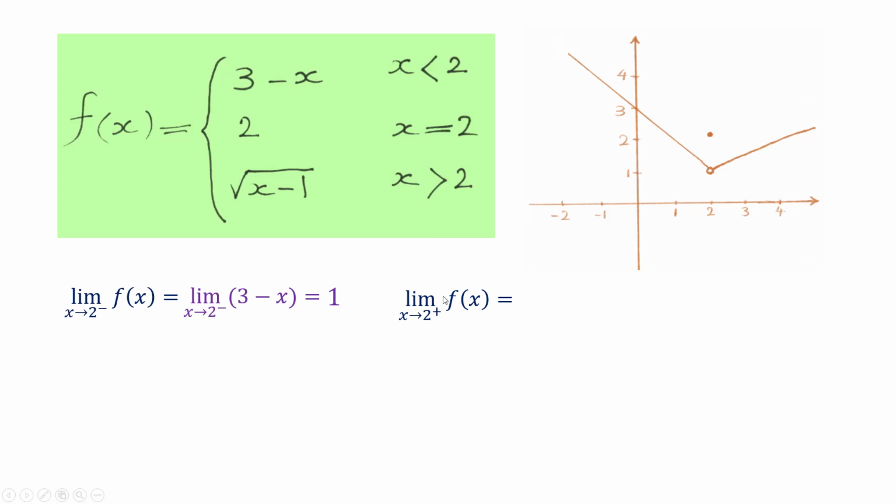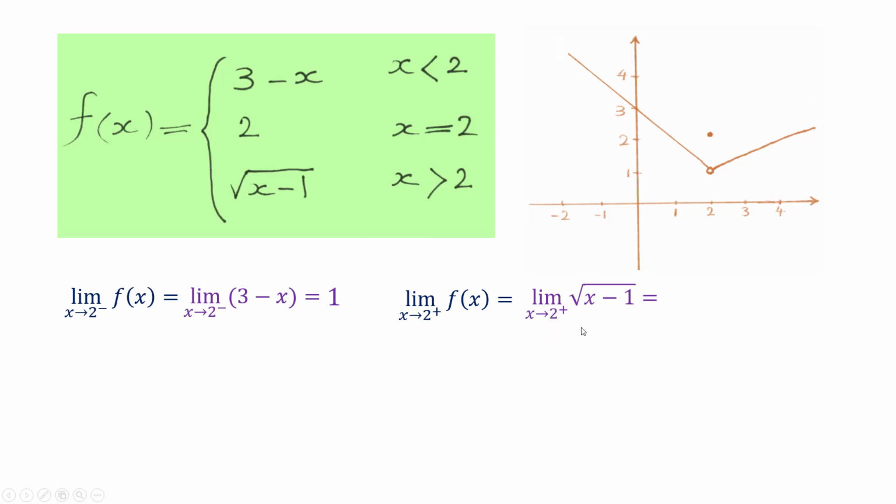The next question is, what is the limit of this function as x approaches 2 from the right? When x approaches 2 from the right, the values of x are greater than 2. And because our function is equal to the square root of x minus 1 when x is greater than 2, the right limit of our function is equal to the limit of the square root of x minus 1 as x approaches 2.